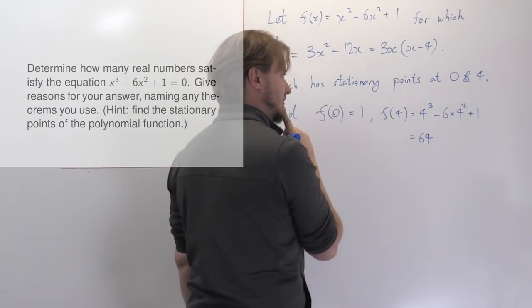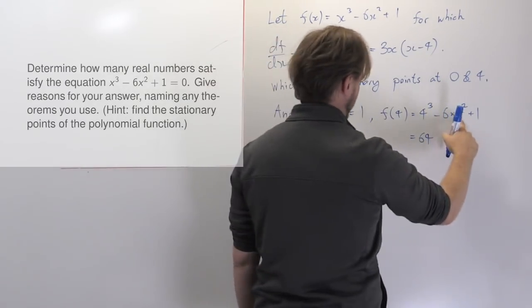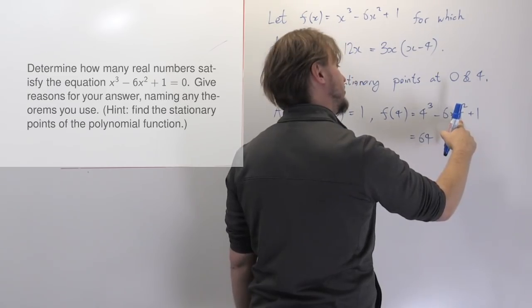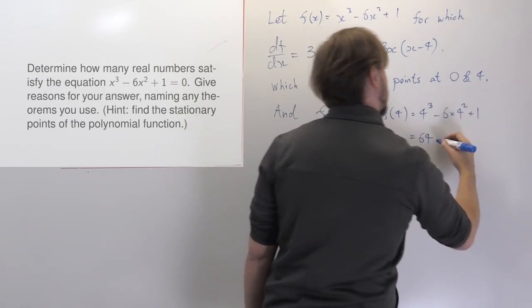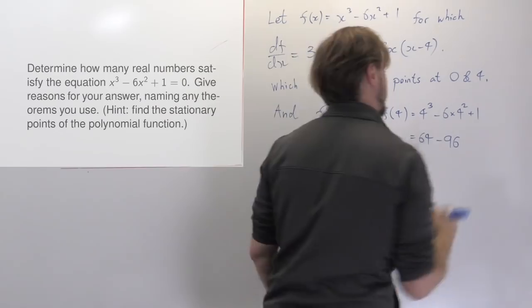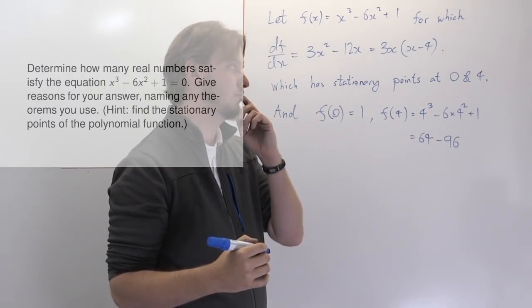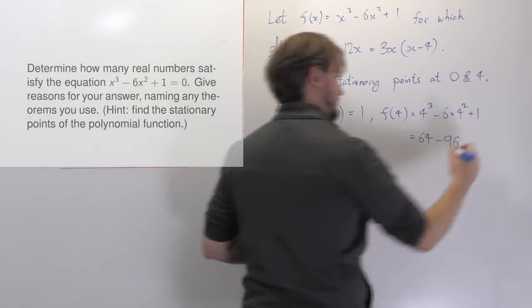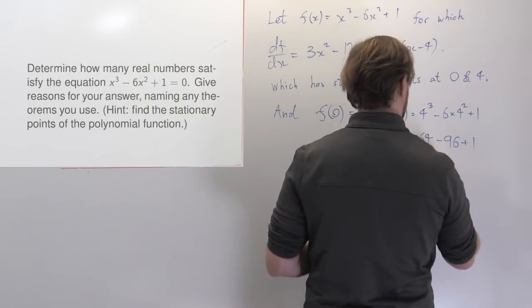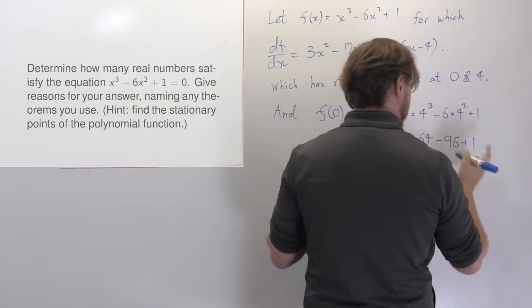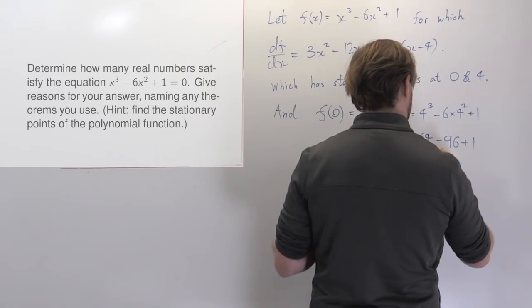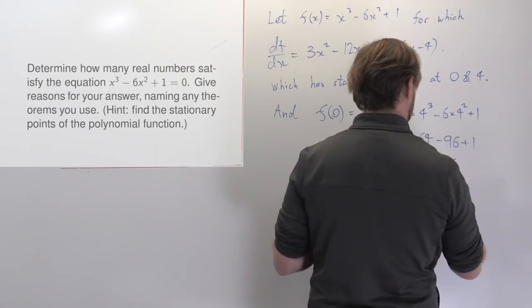And 6 times 16 is 96. So it's 65 minus 96.